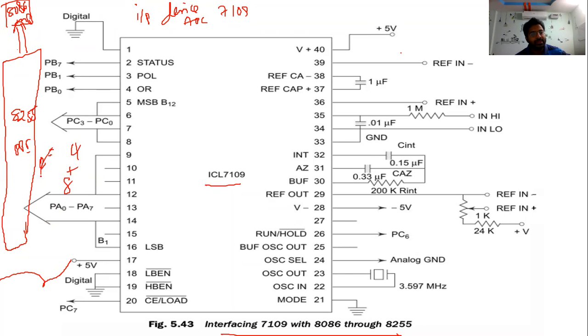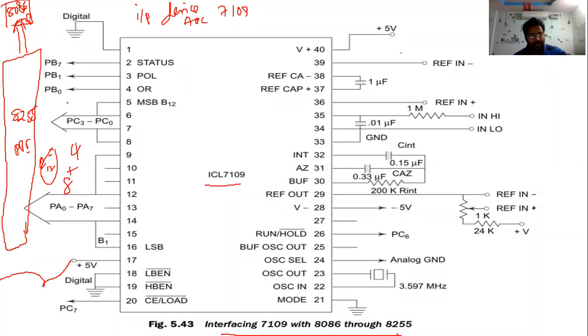You require 12 bits to interface because this is a 12-bit converter. The remaining bits are used for PC3 to PC0, and then PB0, PB1, PB7 are used as a handshaking sequence.